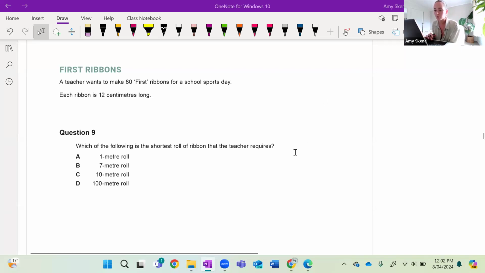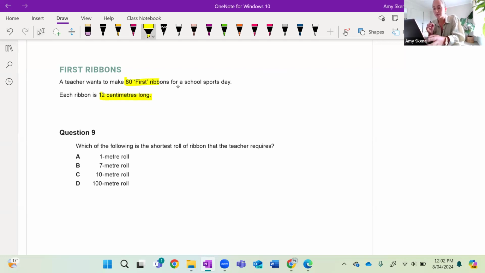Question 9, which of the following is the shortest roll of ribbon that the teacher requires? So she wants to make 80 ribbons and each is 12 centimeters long. To figure it out, we have 12 centimeters multiplied by 80, and that's going to give us the total amount of centimeters of ribbon that we require, which is 960 centimeters.